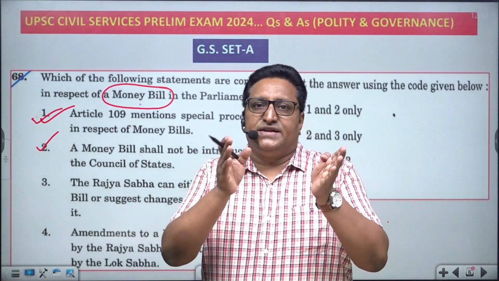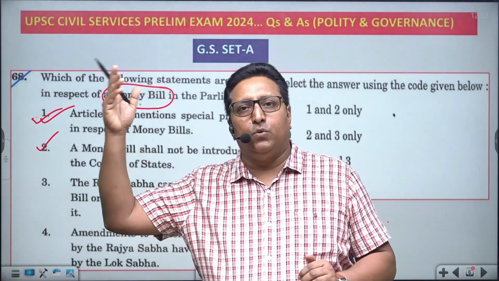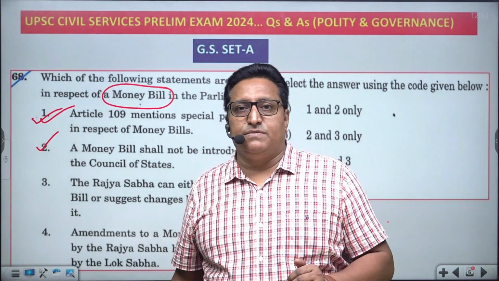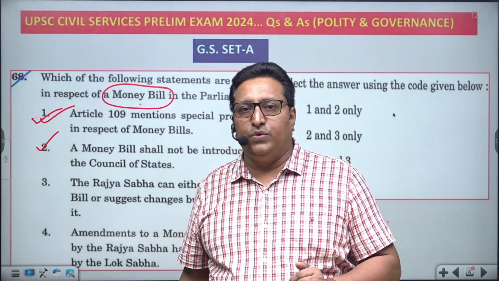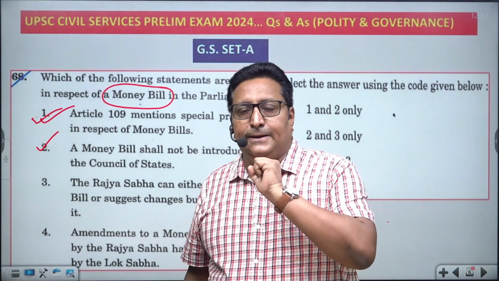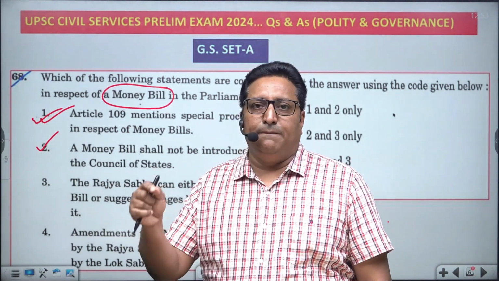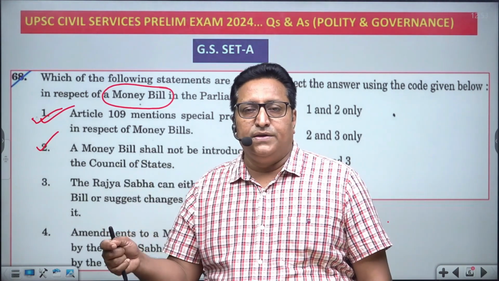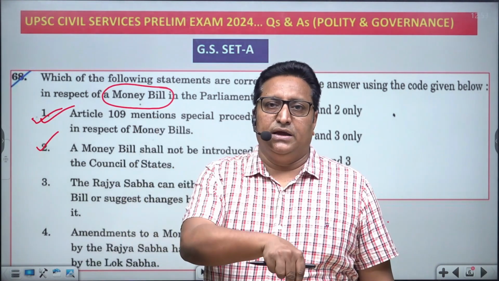But when it suggests amendments, the bill will go back to the Lok Sabha. If the Lok Sabha agrees with the amendments, okay. If it does not agree with the amendments suggested by the Rajya Sabha, then it will declare the bill passed in its original form, the form in which Lok Sabha had passed the bill onto the Rajya Sabha.